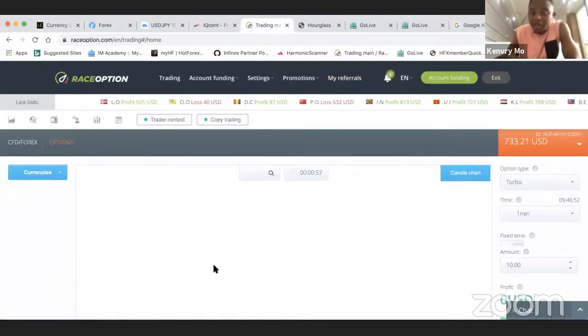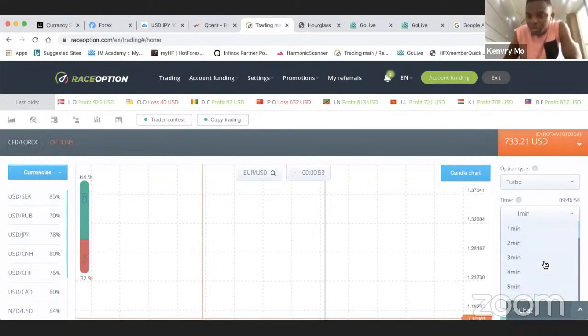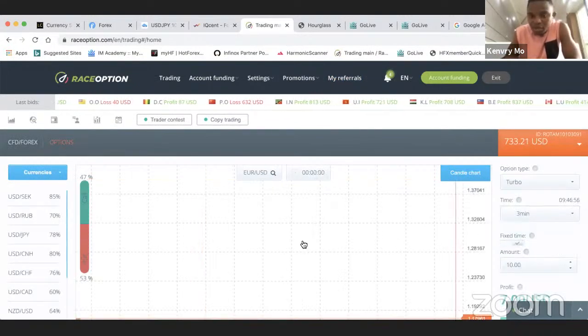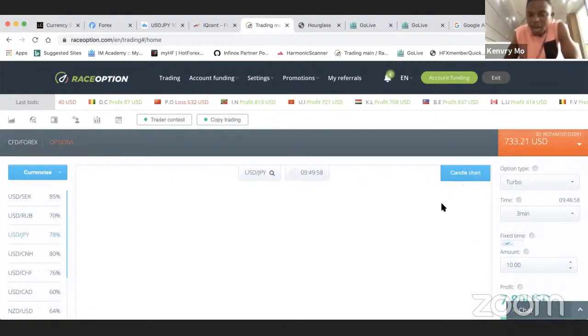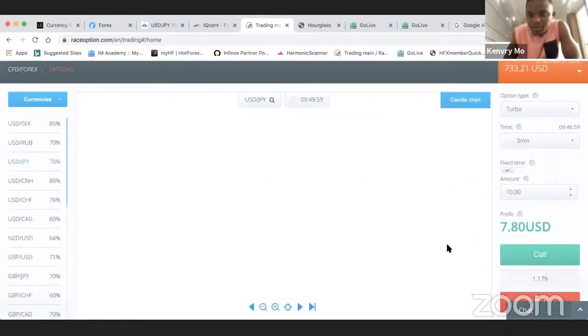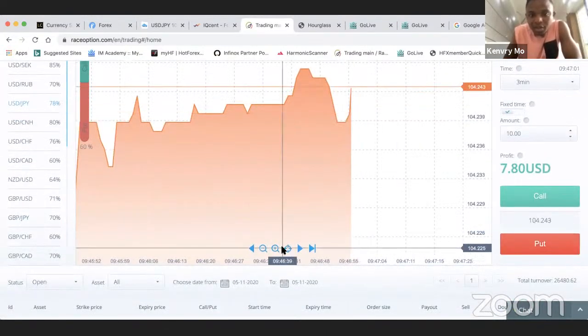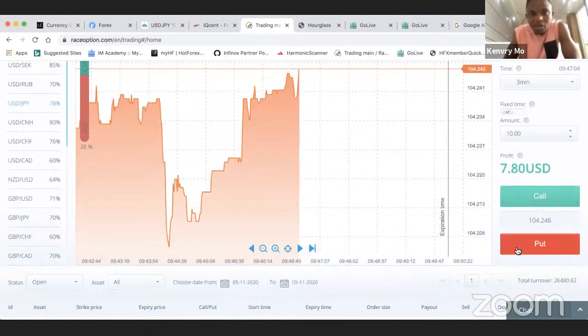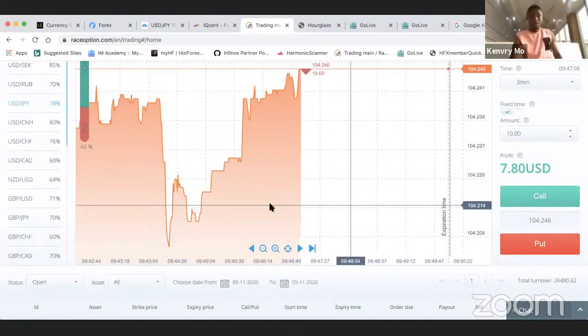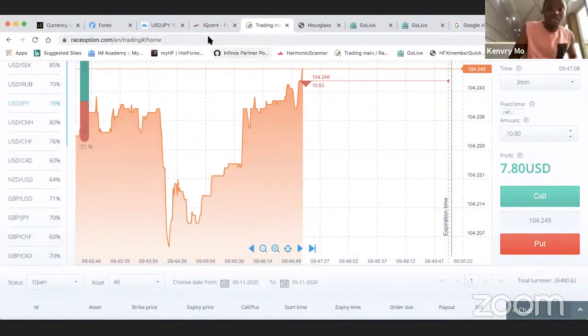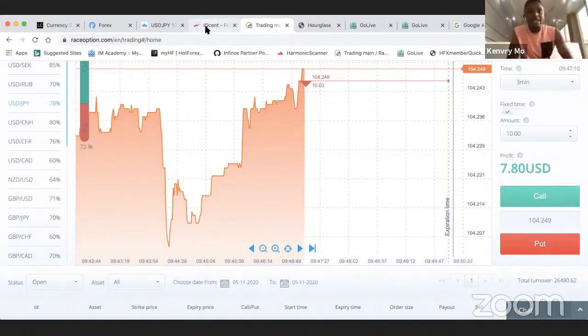Some of you can wait for the candle to open and close. So what I do is I put it on fixed time. USD JPY is at 78%, 243 is in 244. I just placed a sell. What I just did, I traded above time.